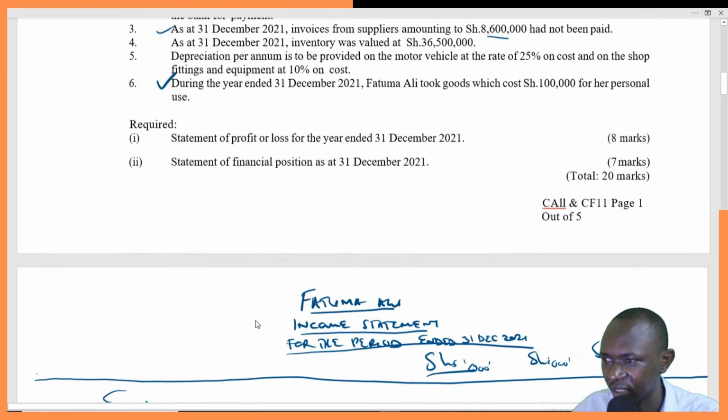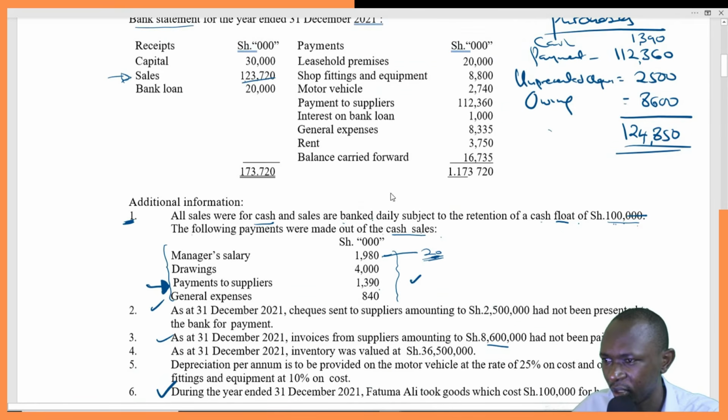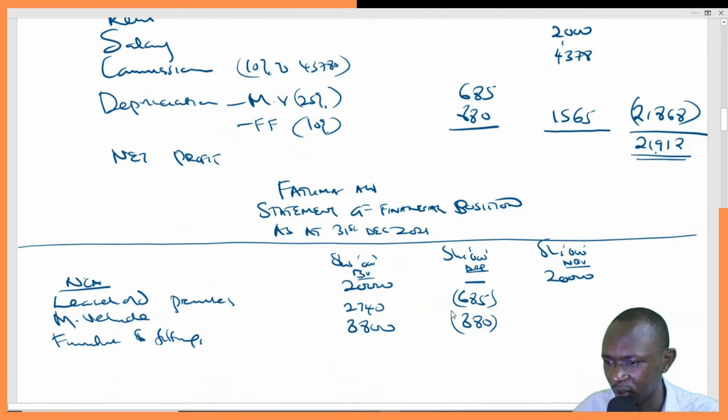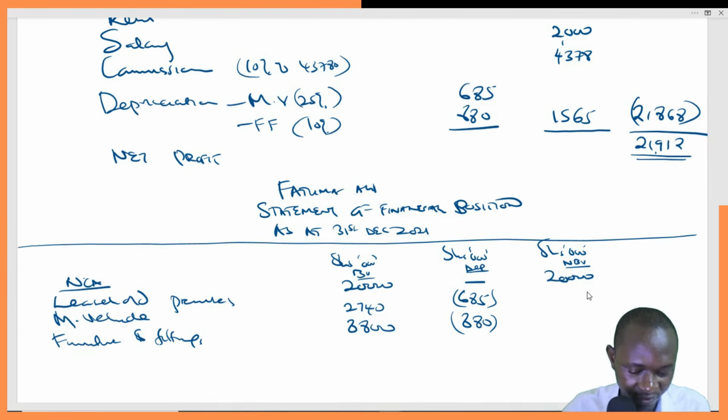Let's get the figures from the question. For motor vehicle, 2740, and furniture 8,800. Let's subtract and see what we have. 2740 minus 685 gives us 2055.